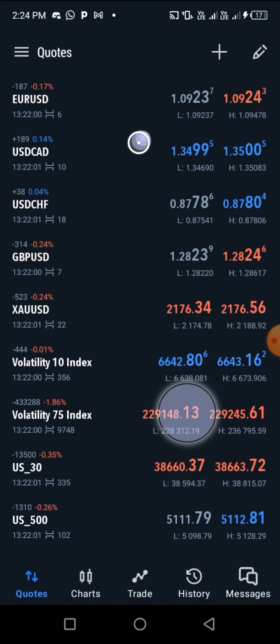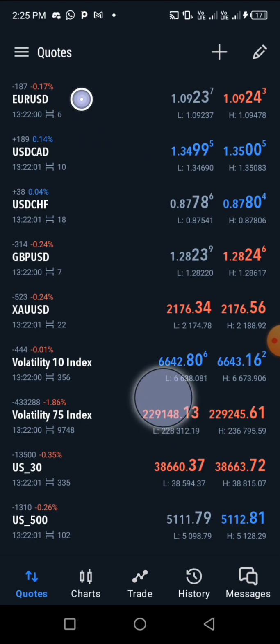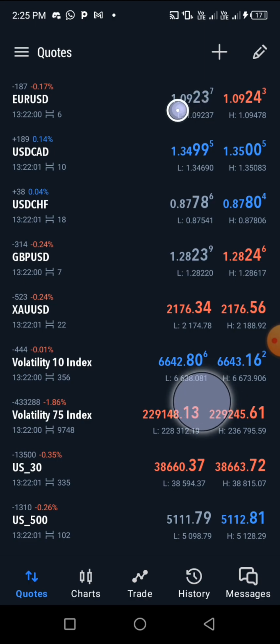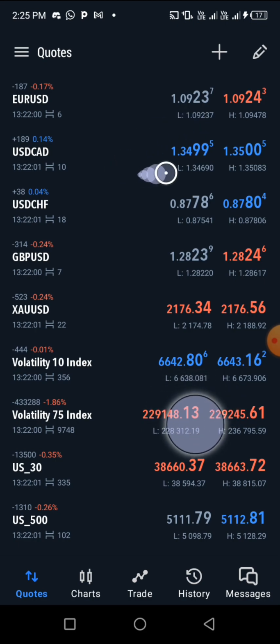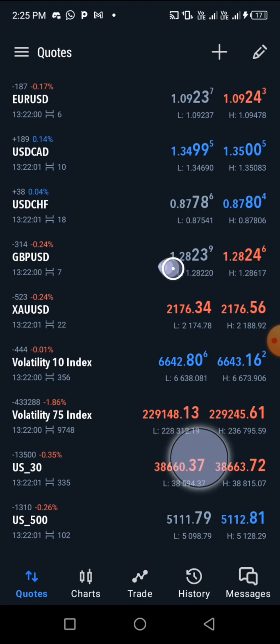So in the next course, I'm going to be showing you how to calculate the pips of different instruments. As I've said earlier on, pips are calculated in 4 decimal points in major currency pairs like the Euro USD, the USD CAD, the USD CHF, and the GBP USD, excluding the JPY pairs.